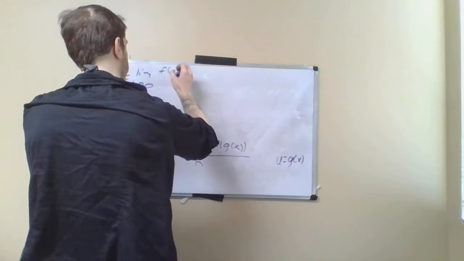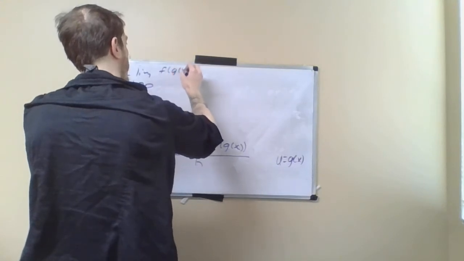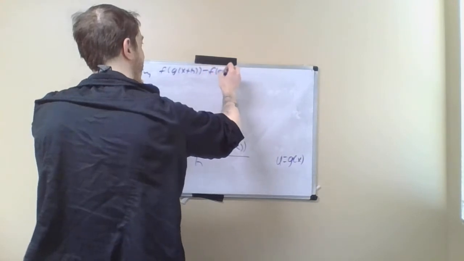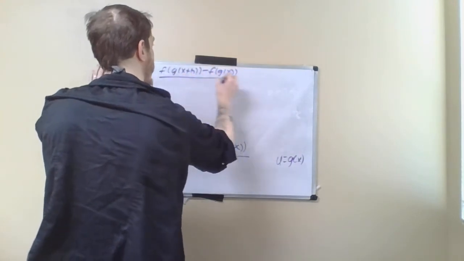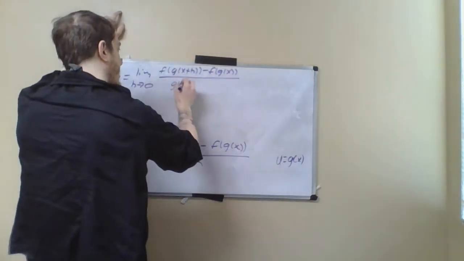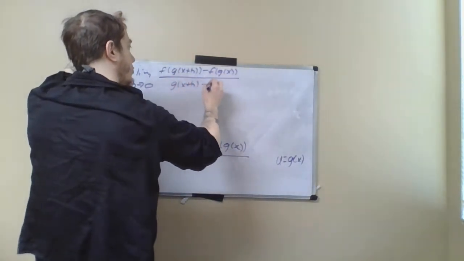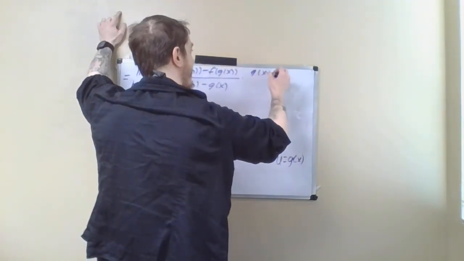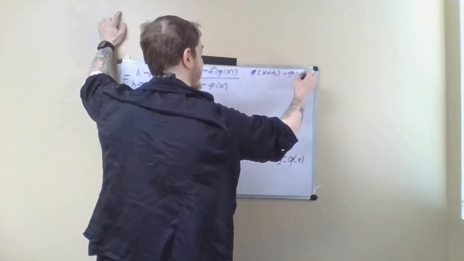So I would like to say we have f of g of x plus h minus f of g of x. And then I'd like to multiply on the bottom by g of x plus h minus g of x. And on the top by g of x plus h minus g of x.